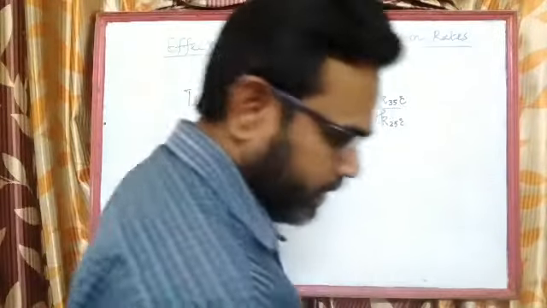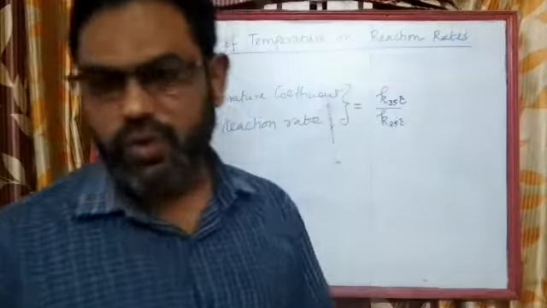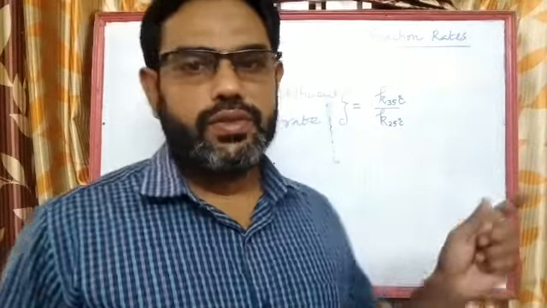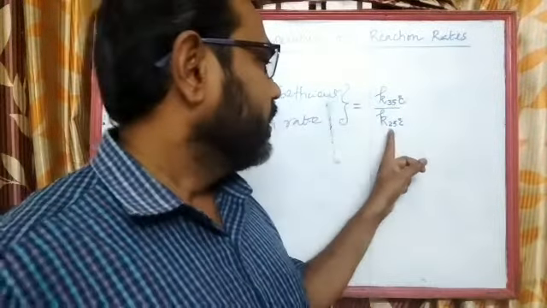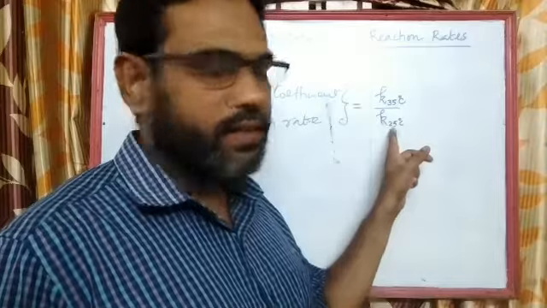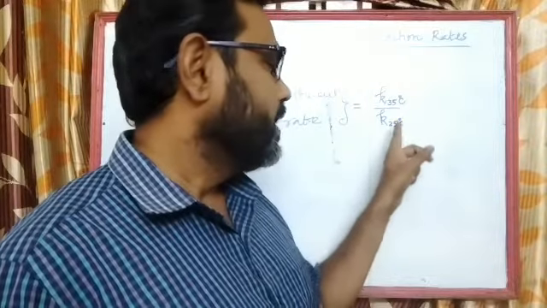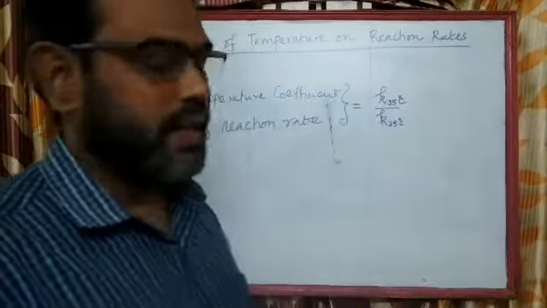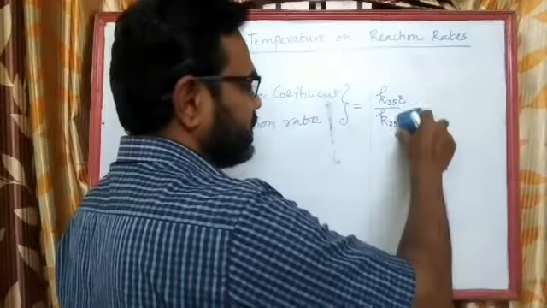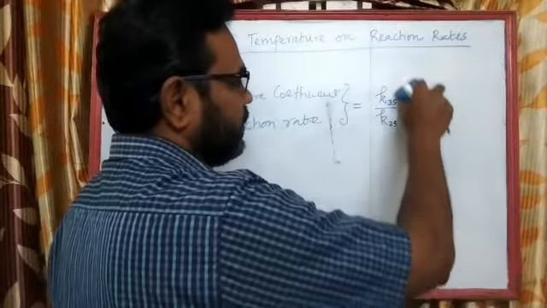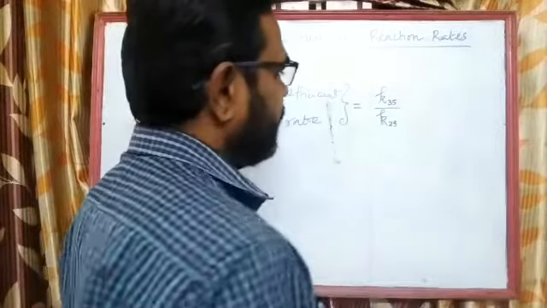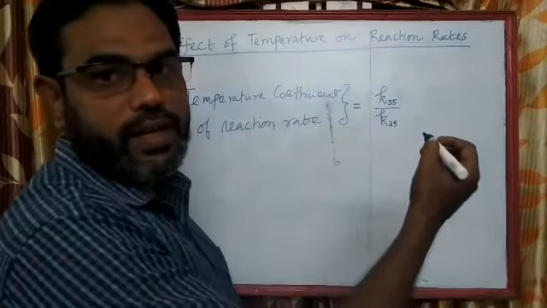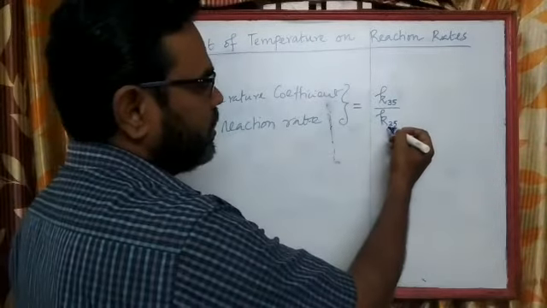The rate of the reaction studied at two different temperatures. Say room temperature is 25 degrees centigrade, and 25 degrees plus 10 degrees is 35 degrees centigrade. So studying the reaction rate at a temperature, the ratio of rate constants of the chemical reaction studied at two different temperatures.